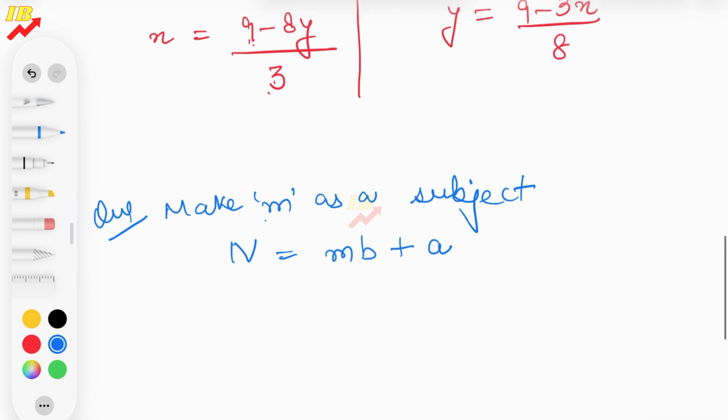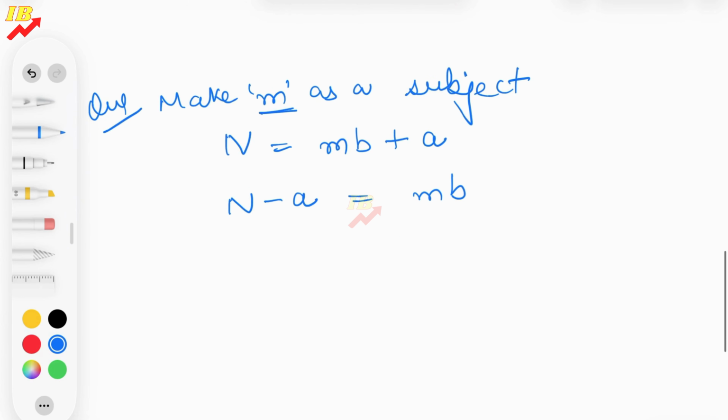So if I have to make m as my subject, I'll be taking this thing like n minus a here, and mb will be on this side, okay? Now if you're getting confused by writing it like this, you'll write the same equation in this form, n minus a, okay?